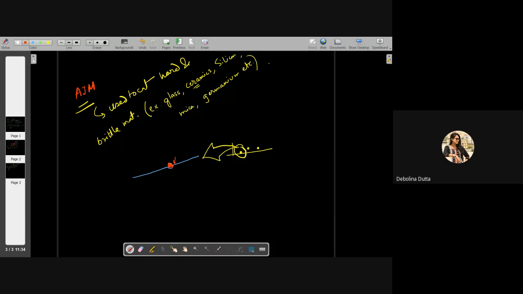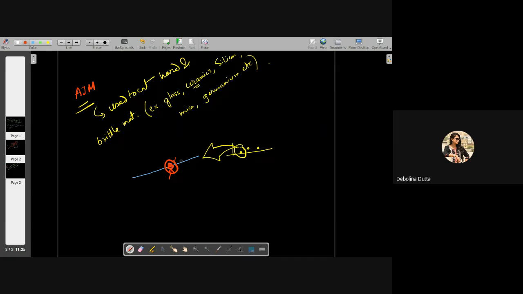So the work done is absorbed in this particular small area or space.